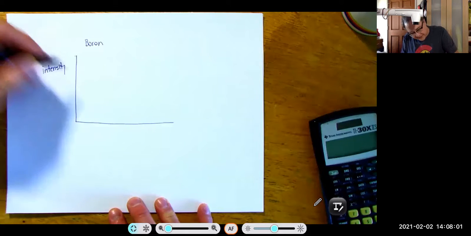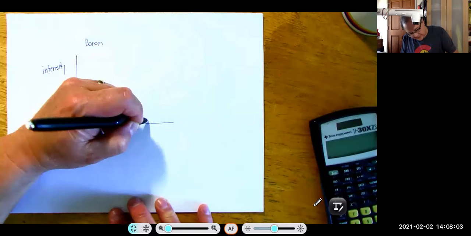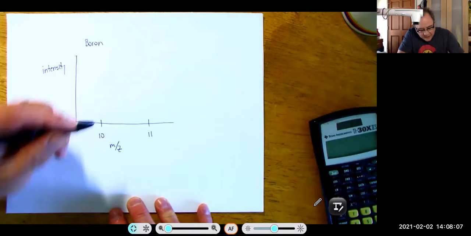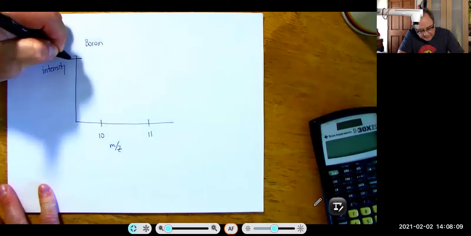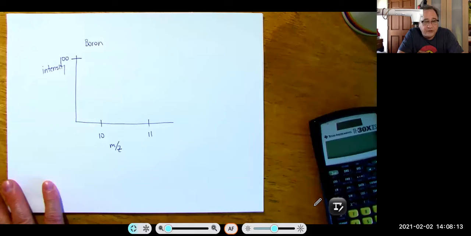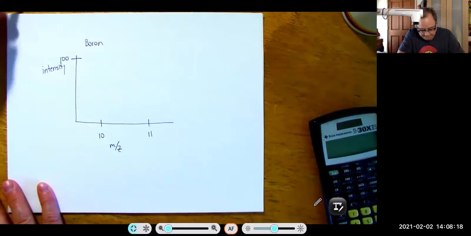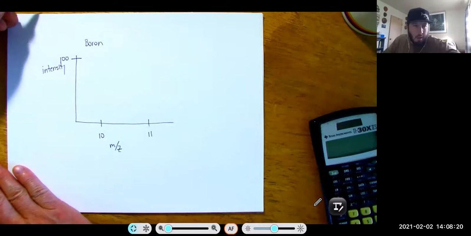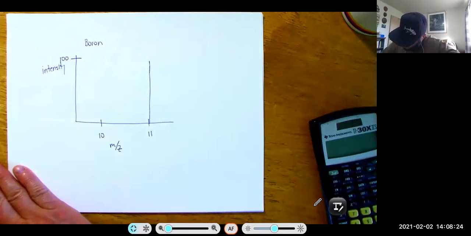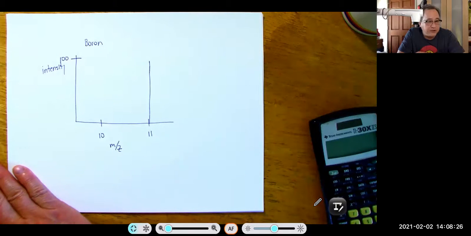We're going to put 10 and 11, and we're going to put M over Z, and we'll make this 100. So what are you going to draw as the first thing for your spectrum? 100 on 11. That's what I do. Now, what are you going to do for your 10? This is your intuitive guess.